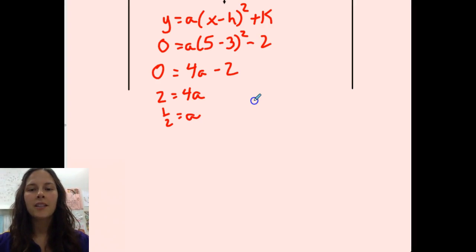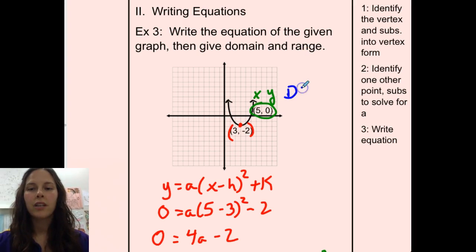Putting that back into the function with the vertex, we would get y equals 1/2 times x minus 3 for that x-coordinate of the vertex, squared for the parabola, minus 2 for the y-coordinate of the vertex. Finally, looking at domain and range, it is a quadratic function, so domain is all real numbers. Range, it opens up, so y is greater than or equal to the y-coordinate of the vertex.